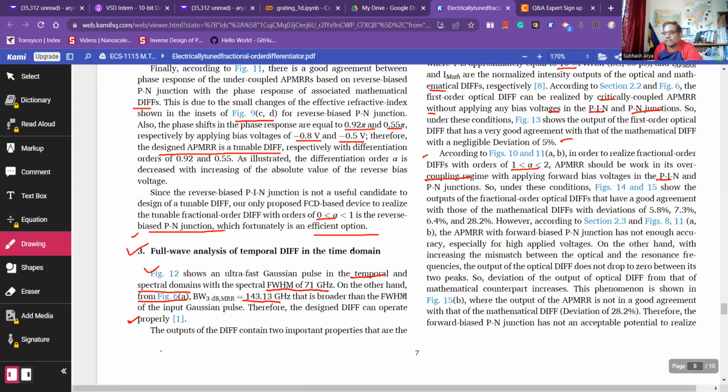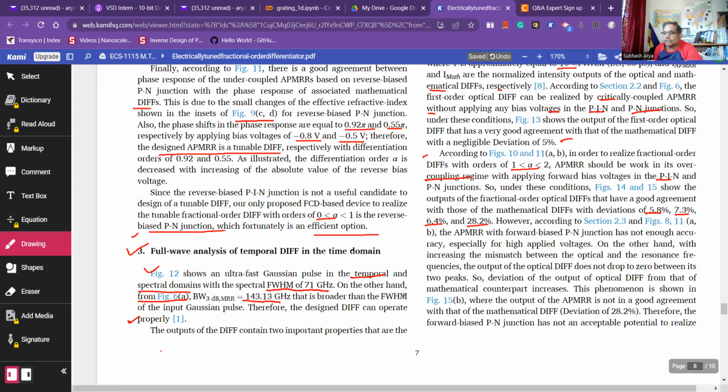So alpha is greater than 1, less than 2. Under this condition, figure 14 and 15 show the output of a fractional order optical differentiator that has a good agreement with those of the mathematical differentiator with deviation of 5.8% and 7.3%, 6.4% and 28.2%.